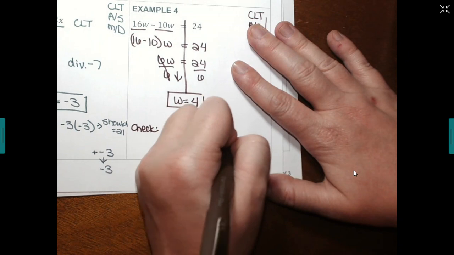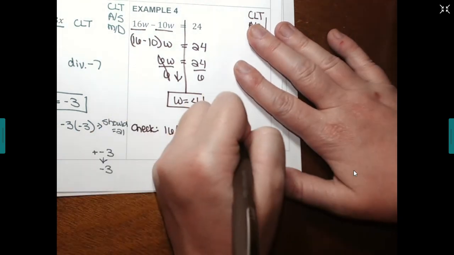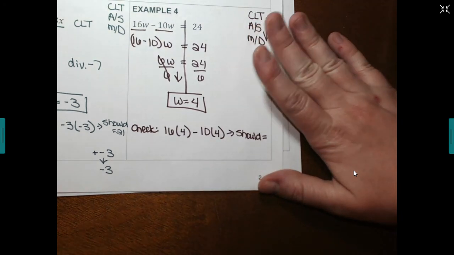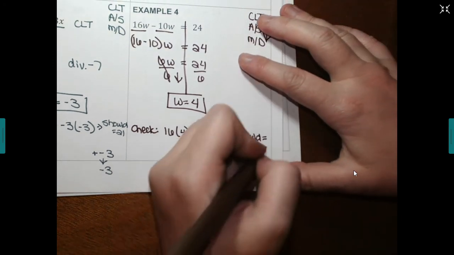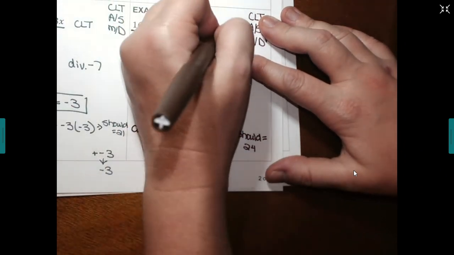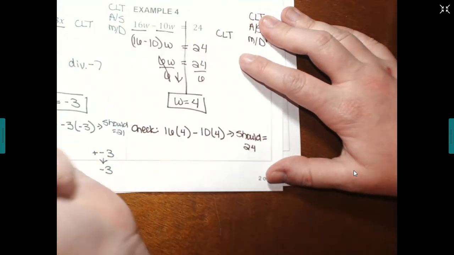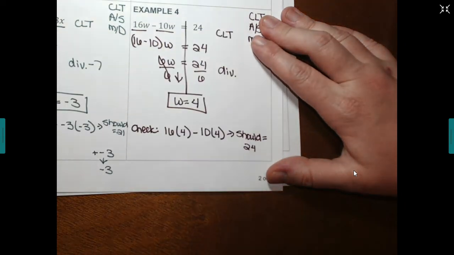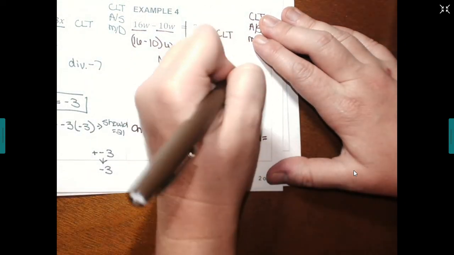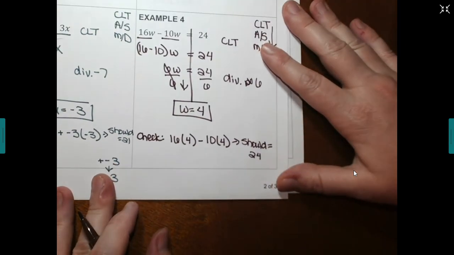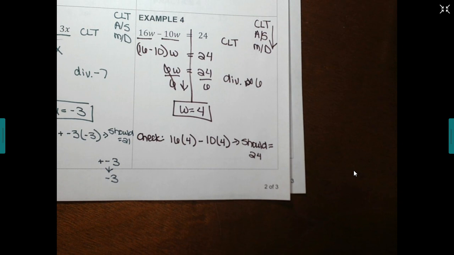And if you put that into Desmos, it should equal 24. And our steps on this were, we combined like terms, and we divided by 6. Okay. Go ahead and get caught up on those notes if you like.